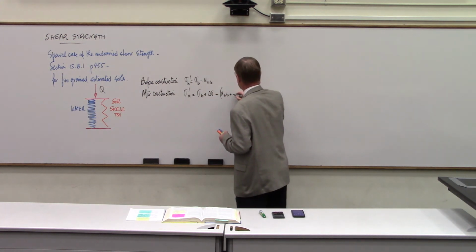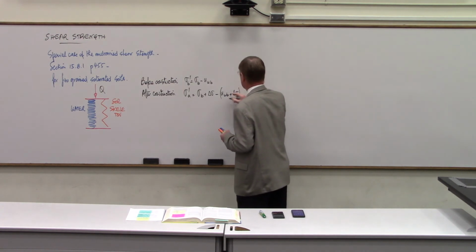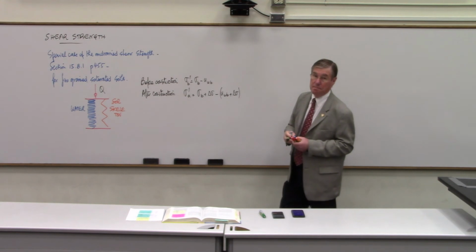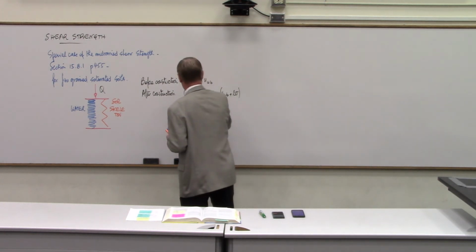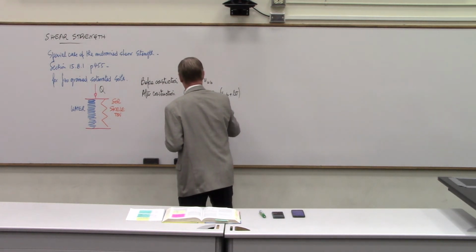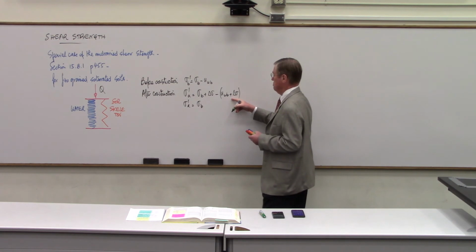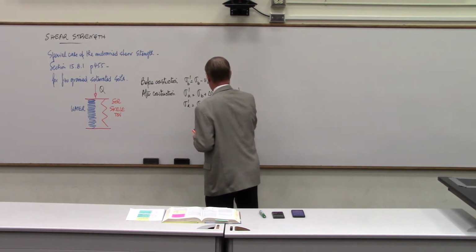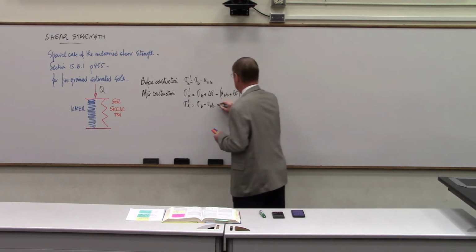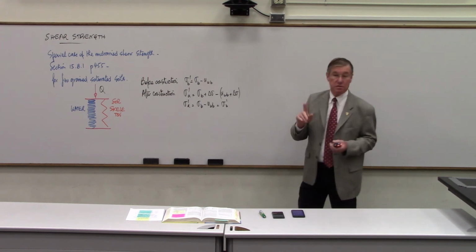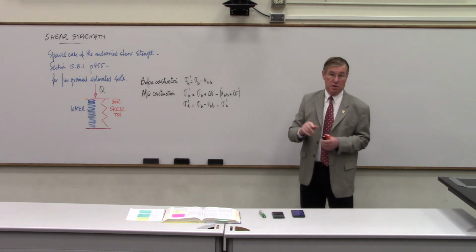So this is an increase in the water pressure equal to the delta sigma. And so when you simplify this expression, you get sigma prime A equal, the delta sigmas will cancel, and you see that you get back UWB. So this is sigma prime B. The effective stress has not changed.